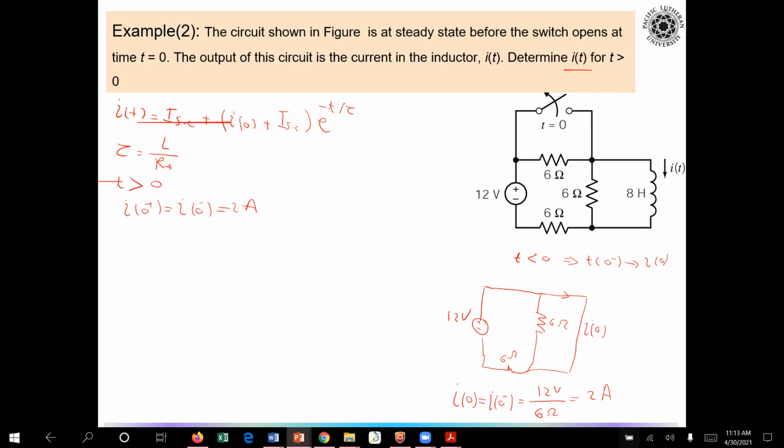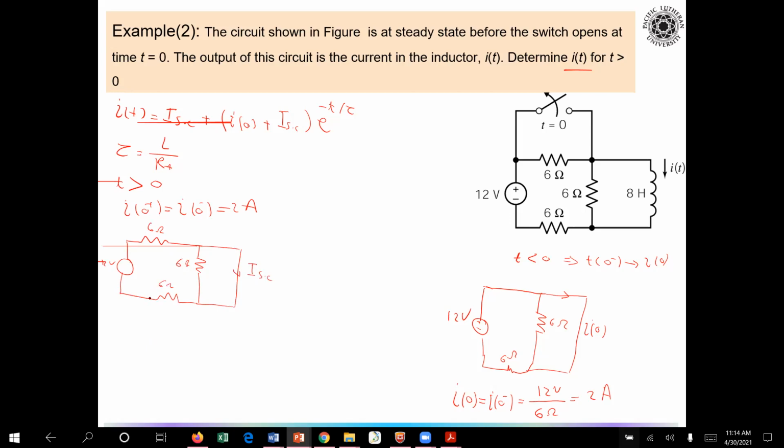Now we are looking for the short circuit current. For the short circuit current, t larger than 0, that means my circuit is open. So I draw my circuit again, but this one includes my other 6 ohm resistor. And this one should be my i short circuit. Here's the 6 and 6 and 6 amps, and here is 12 volt.